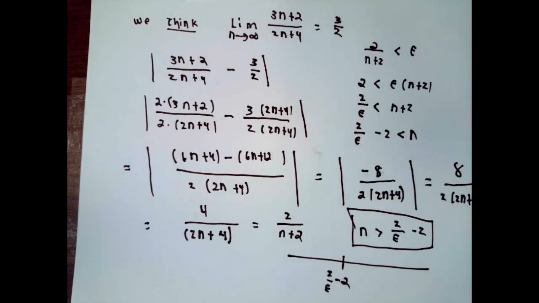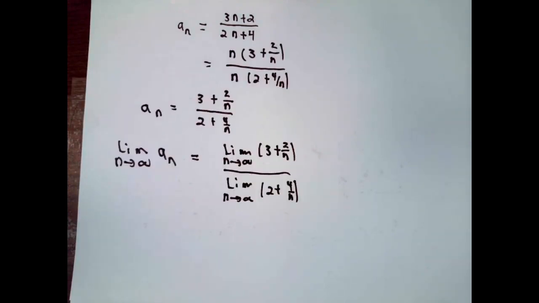It is, however, a number on the number line. So figure out what 2 over epsilon minus 2 is, and then find a positive number to the right of that. If little n is bigger than that, then that capital N will do. So find an integer bigger than 2 over epsilon minus 2, and everything works out fine.